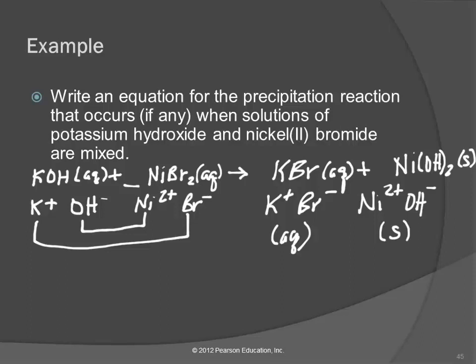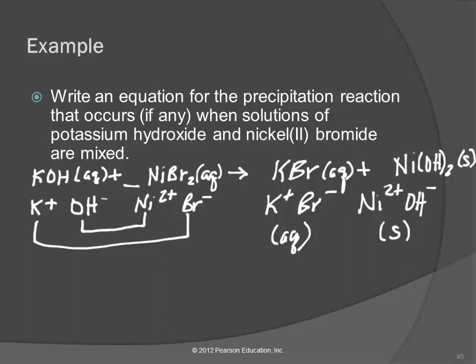Now I need to balance this equation, and we've learned how to do that. I'm going to look at the left. I have 1 potassium, and on the right I have 1 potassium. So that's okay. We can balance these polyatomic ions as units, or you can balance the individual elements. If I look at the hydroxide, I have 1 hydroxide ion on the left, and 2 hydroxide ions on the right.